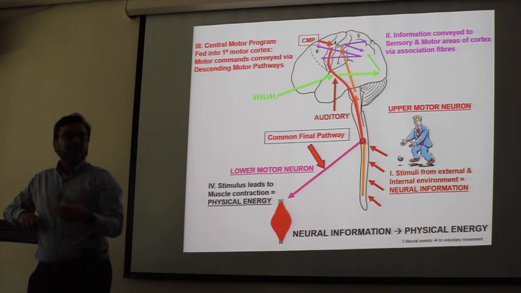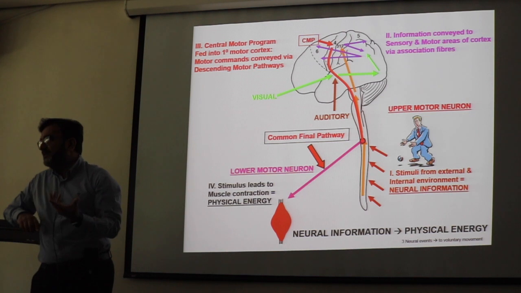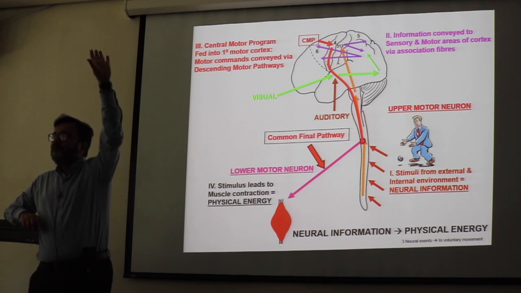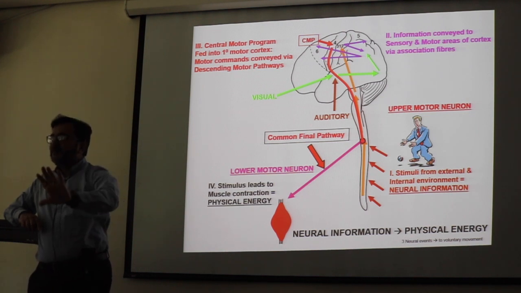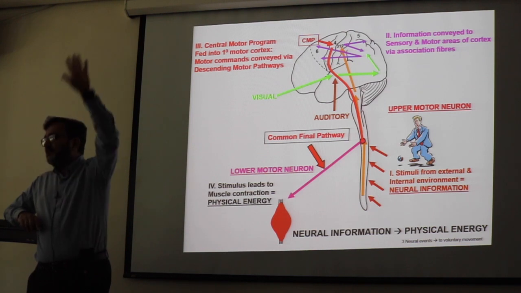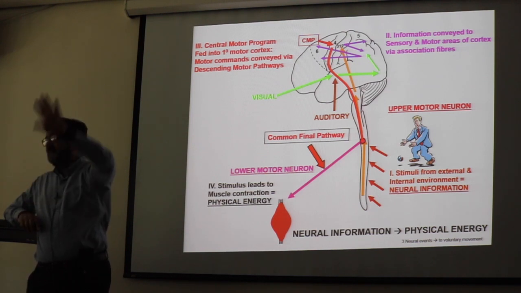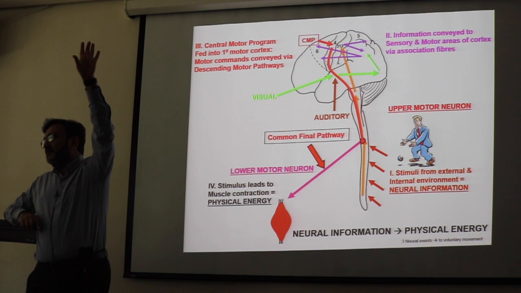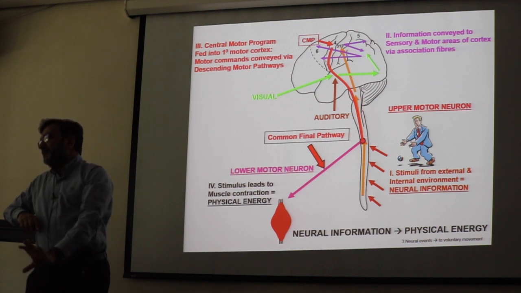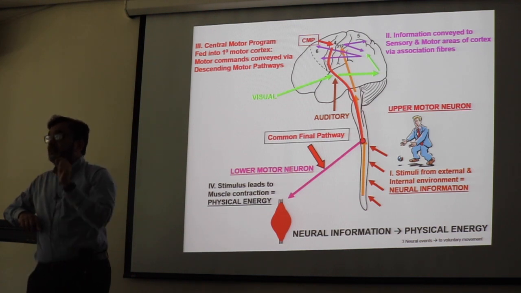Or sometimes people use the term corticonuclear. So if it is coming from cortex and going to the cranial nerve nuclei, corticonuclear; cortex to brainstem, corticobulbar; cortex to the spinal cord, corticospinal. So this is an upper motor neuron.